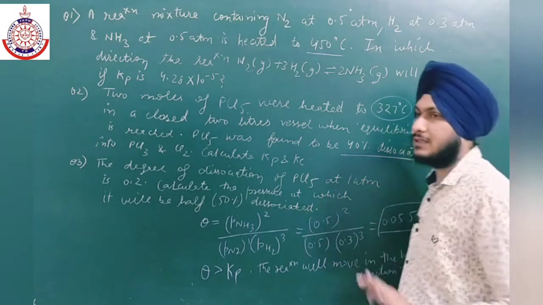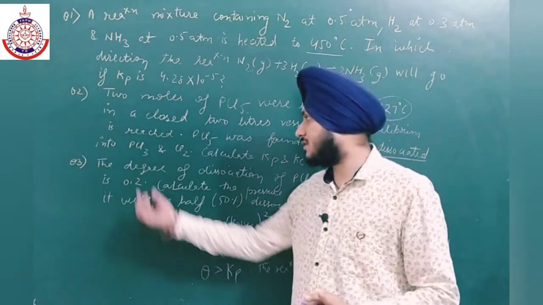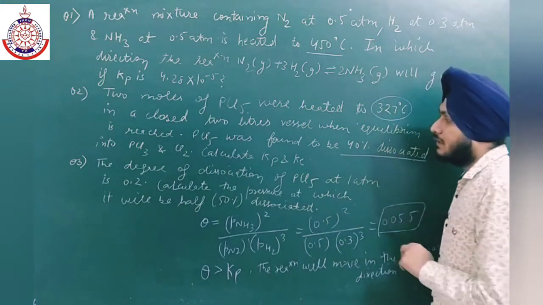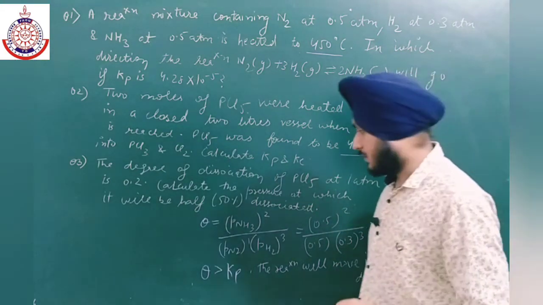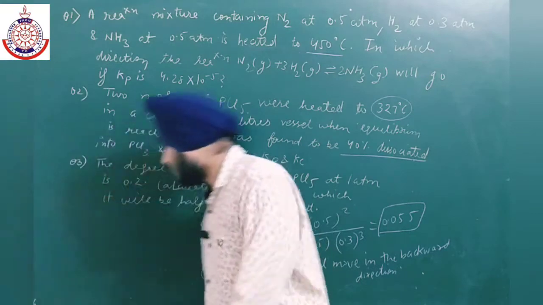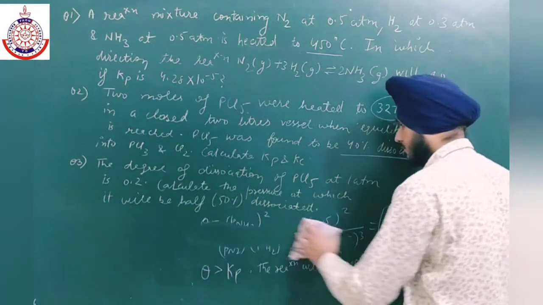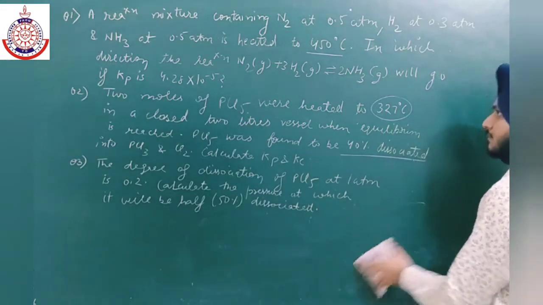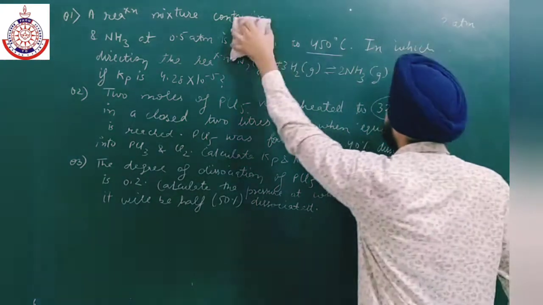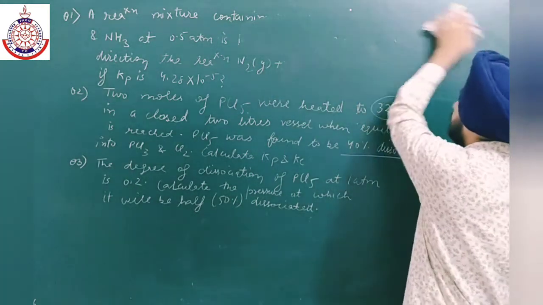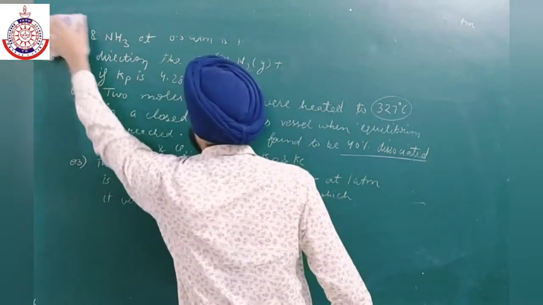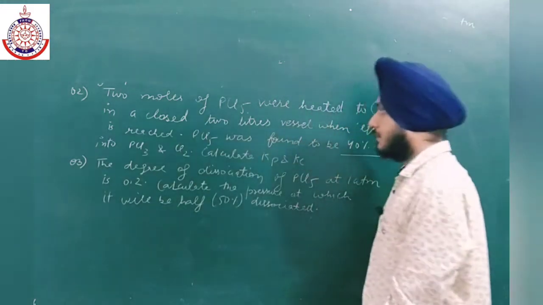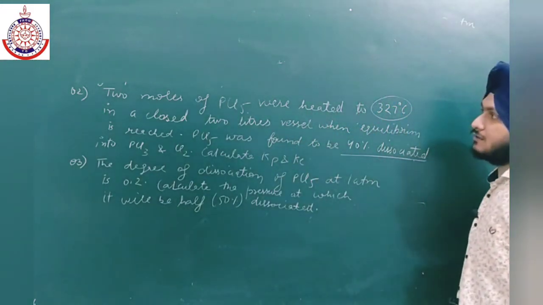So 40% of the PCl5 is dissociated into PCl3 and Cl2. Calculate the Kp and Kc values. Let's do this numerical. We have taken 2 moles.